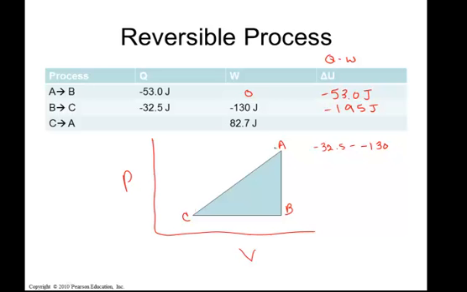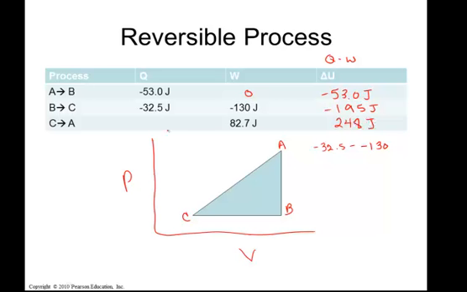Now, to go from C to A, I'm returning back to the original state, which means that the amount of energy that was expelled is going to be all returned back to the original state. So if I take 195 and the 53, I'm going to have to add those together and change the sign. And when I do that, I'm going to get 248 joules.